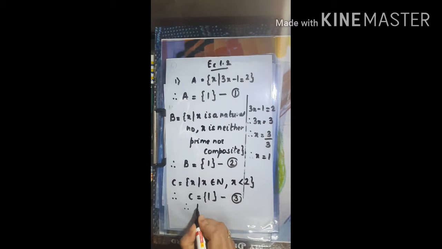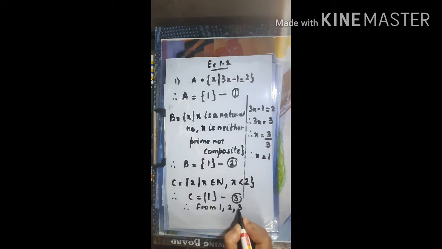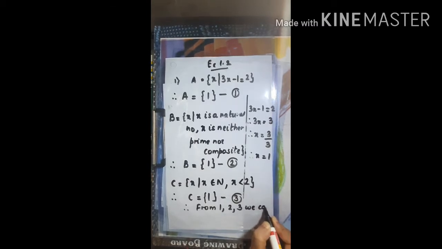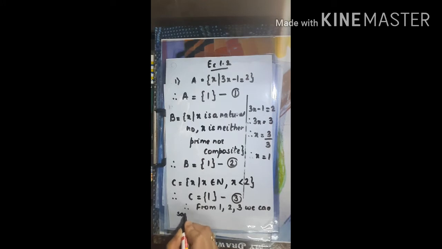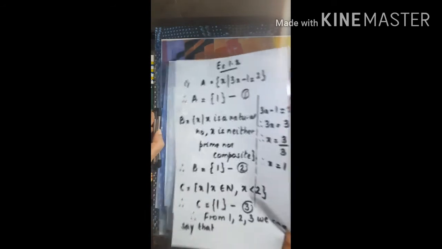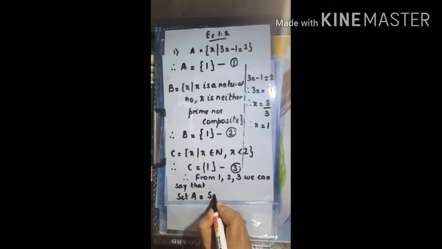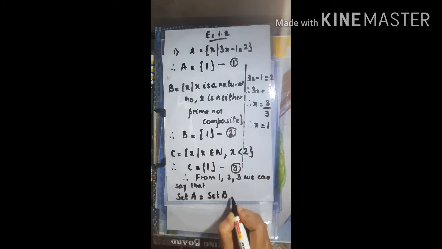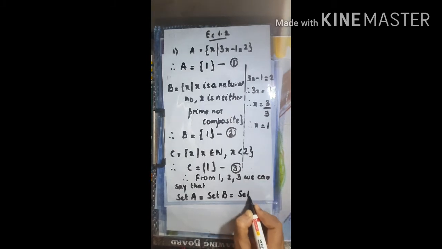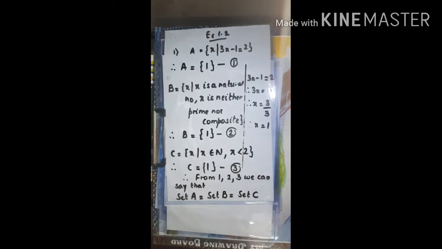So therefore, from 1, 2 and 3, we can say that set A is equal to set B is equal to set C, since they contain the same elements.